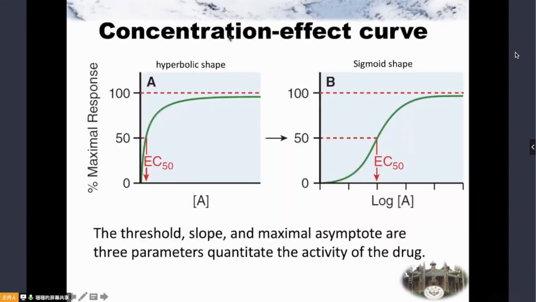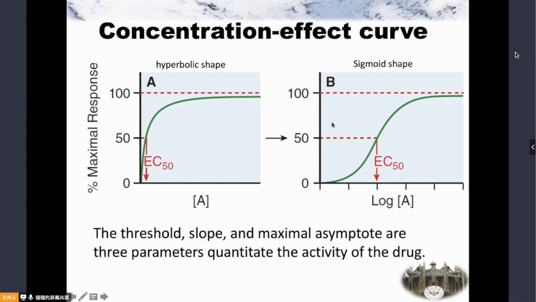Okay, here is the concentration effect curve, which is similar to the drug concentration binding curve. If we plot this curve on a graded scale, the curve is a hyperbolic shape. If we plot this curve on a log scale, here is a log concentration, the curve changes to a sigmoid shape.